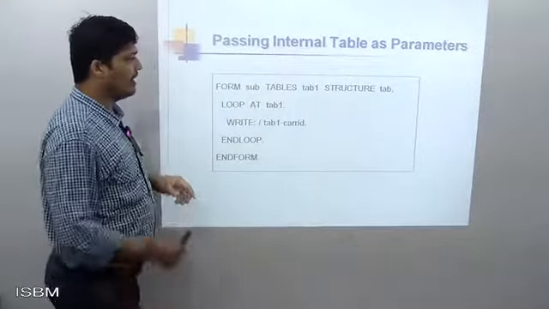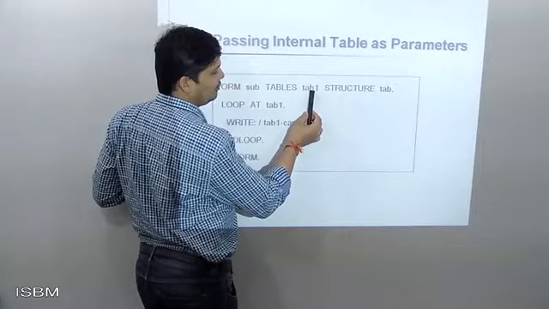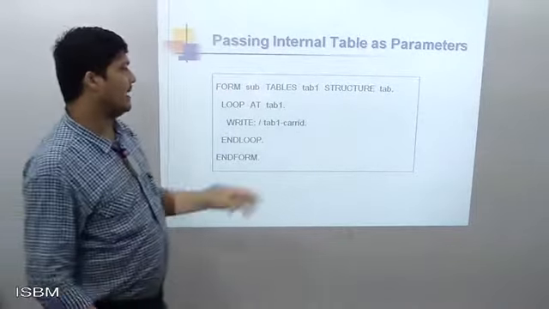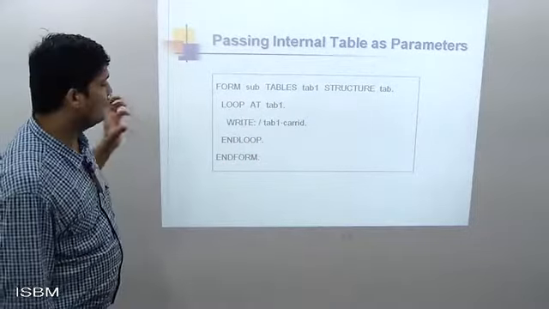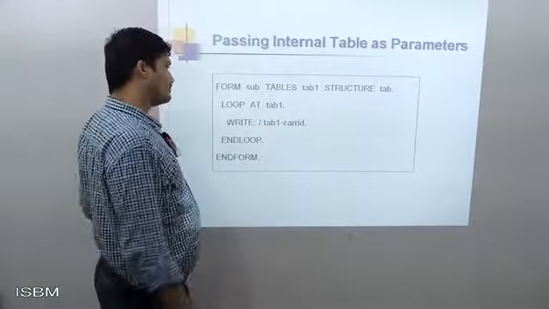And if I want to read tab 1, because this is a table, what I will do is loop on this tab, and whatever data is inside the tab, we can easily read line by line, item by item.